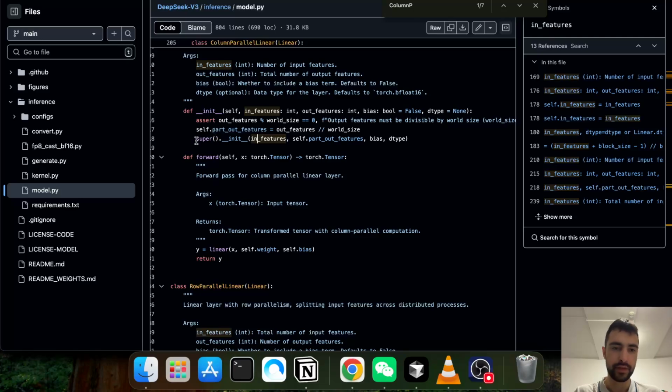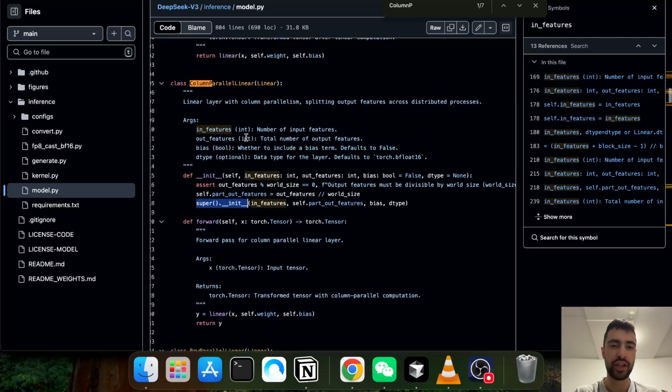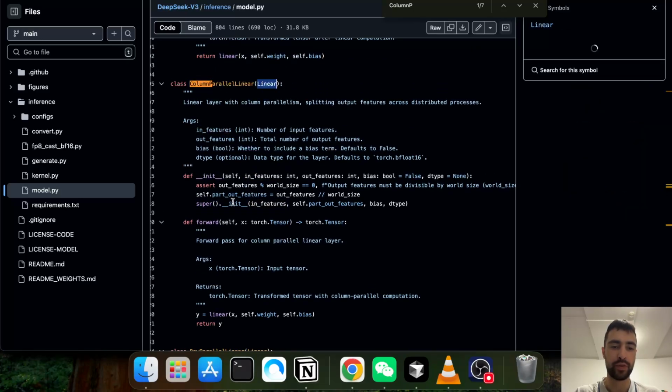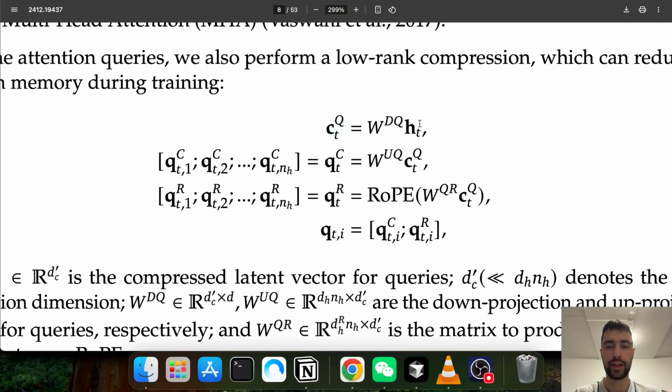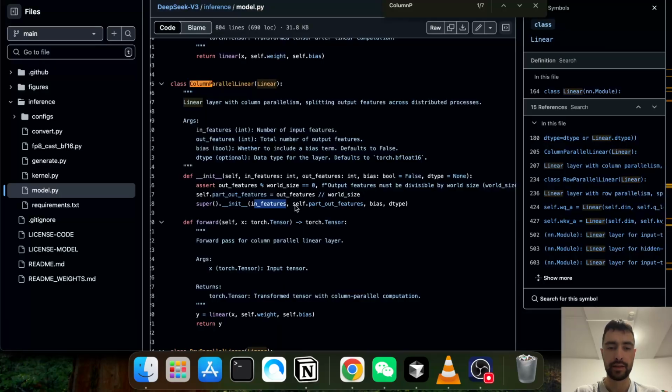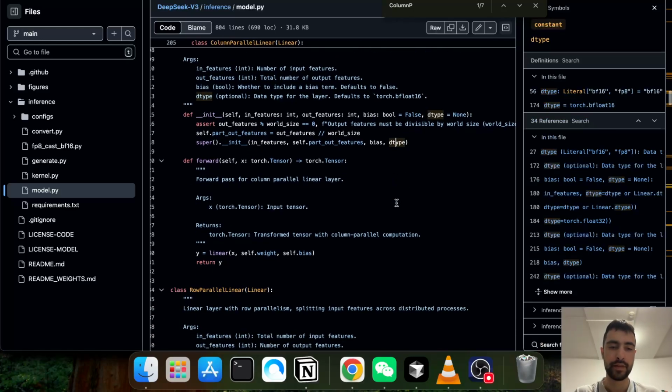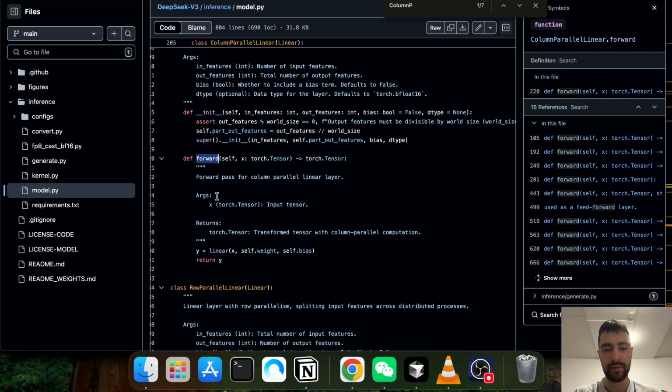And so we say super init, so we initialize a linear layer with super init. It has in features, so it's going to get the same whole vector, and part out features will get just the number of features divided by the number of GPUs, bias and dtype. And here forward is the same as linear.